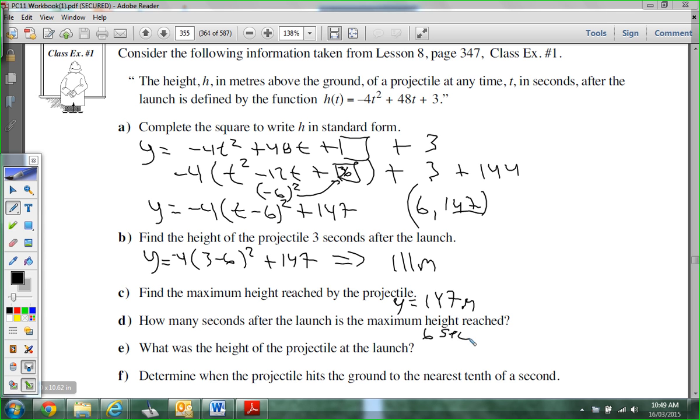Okay, what was the height of the projectile at the launch? Now this one, it's easier to go back and steal your general form, right? Because to find our y-intercept, we make x 0. Now you can still do that. I can still put t to be 0 and then solve, but your y-intercept is always that last constant on your general form. So I would suggest if you just convert it from general form, you can still use that.